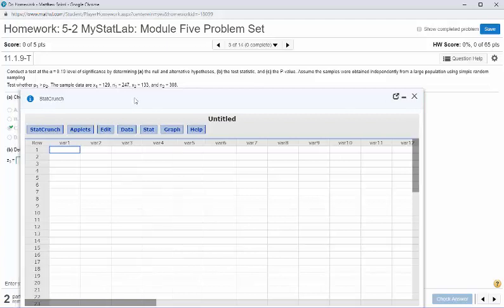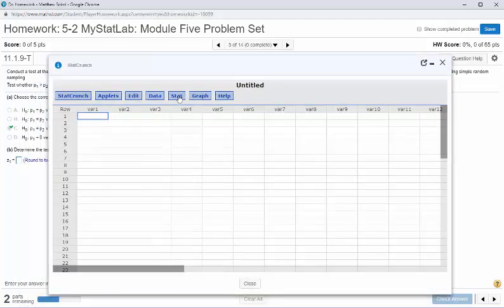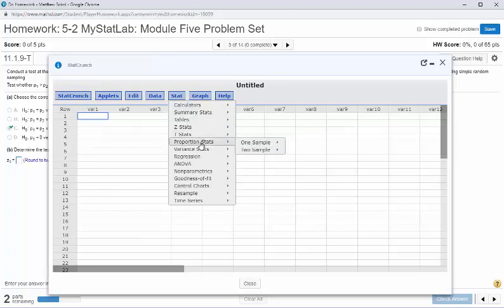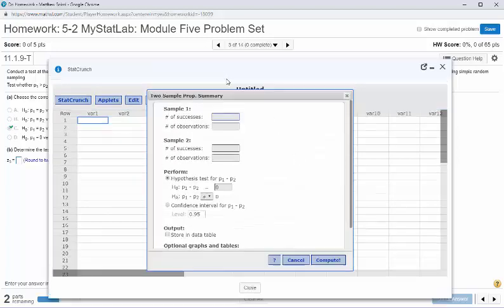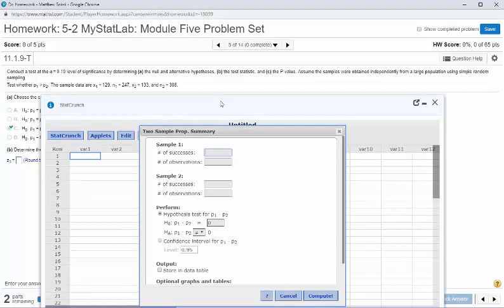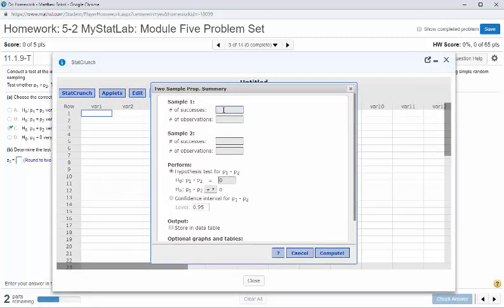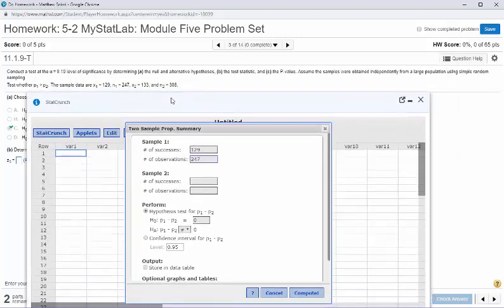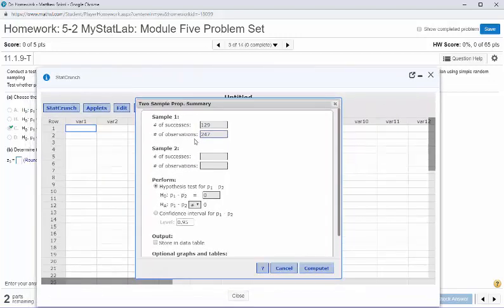So whenever you have a P, like P1 is greater than P2, you're going to go Stat, Proportion Stat, and here it's Two Sample, with summary of data. So for sample 1, it looked like X1 was 129 and the number of observations was 247. So let's plug that in. X2, for sample 2, looked like the number of successes was 133, and the number of observations was 308.